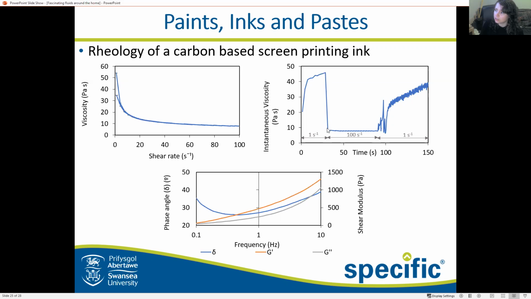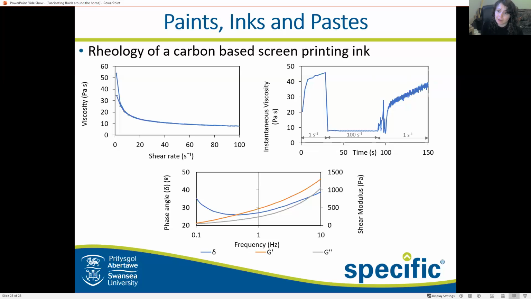It's an instantaneous drop in viscosity down to what you would get at 100. And I hold it there for around 60 seconds. And then after that, I go back to 1, which is practically standstill, and I can find out how long it takes for my viscosity to go back up to where it started. In this case, it's around a minute.